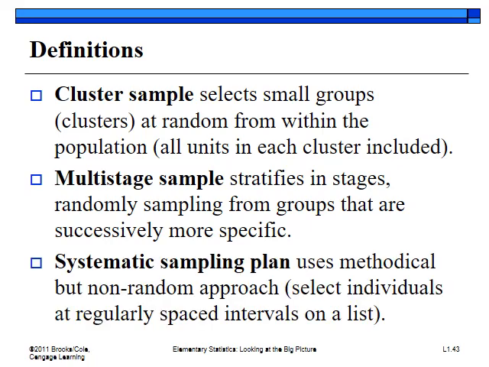Finally, a systematic sampling plan uses something non-random but methodical. An example of this might be listing all Wofford students in alphabetical order by last name, and then choosing every 10th person on that list to receive the survey.